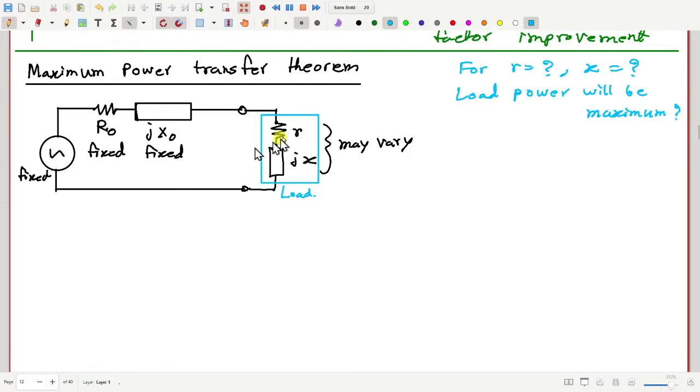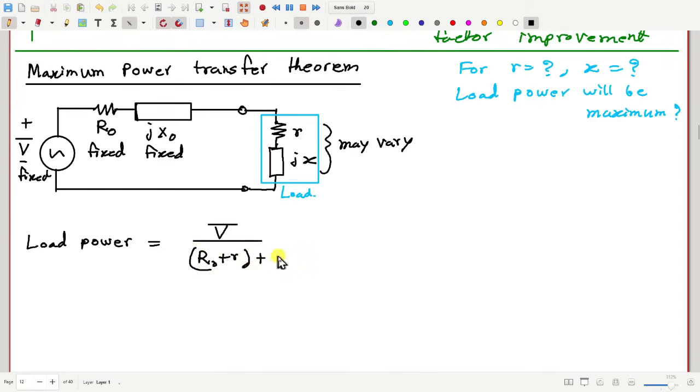What is the expression of load power in this case? If say this voltage is V, how much will be the load power? Can I write it as V divided by R naught plus little r plus j(X naught plus little x)?